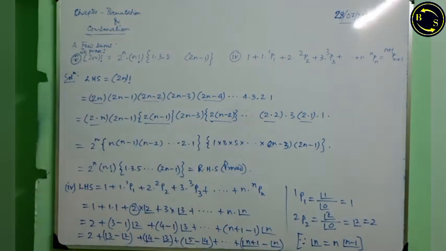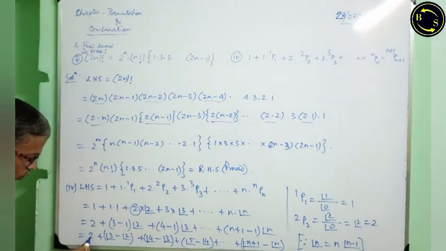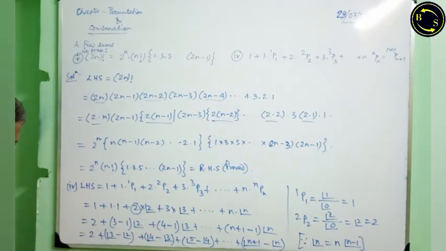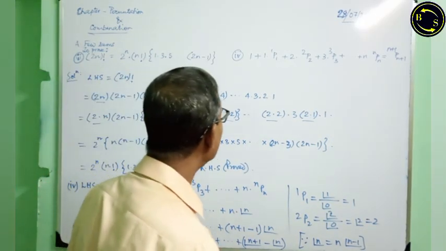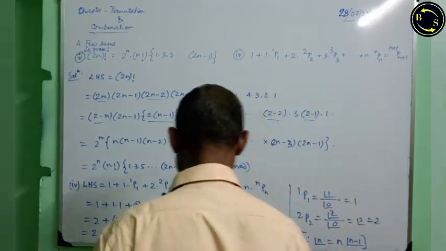Follow this. Now factorial 2 will be cancelled. Just I rub this one.